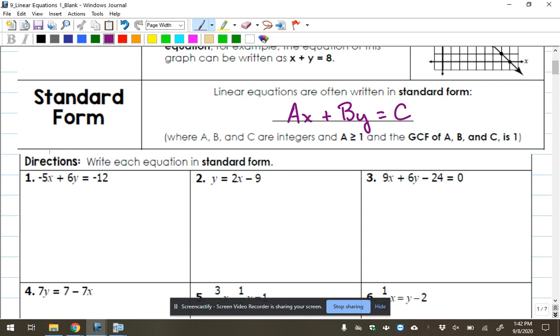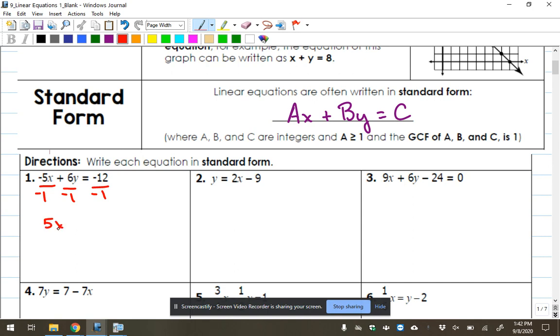Okay. What rule is A less than? Yeah, it's a negative number. So A needs to be positive to make this truly standard form. So, yeah, we can divide them all by 1, but what kind of 1 could we divide by and change the sign? Negative. The negative 1. So we're going to divide them all by negative 1.